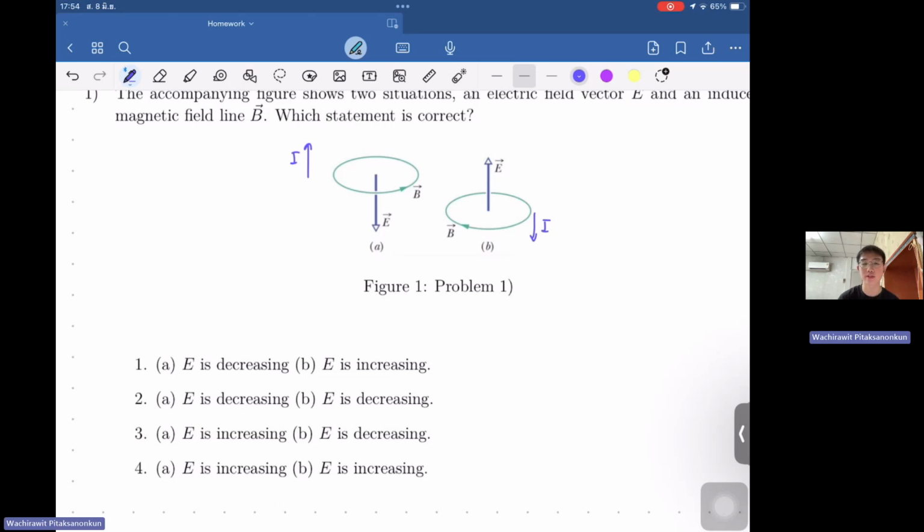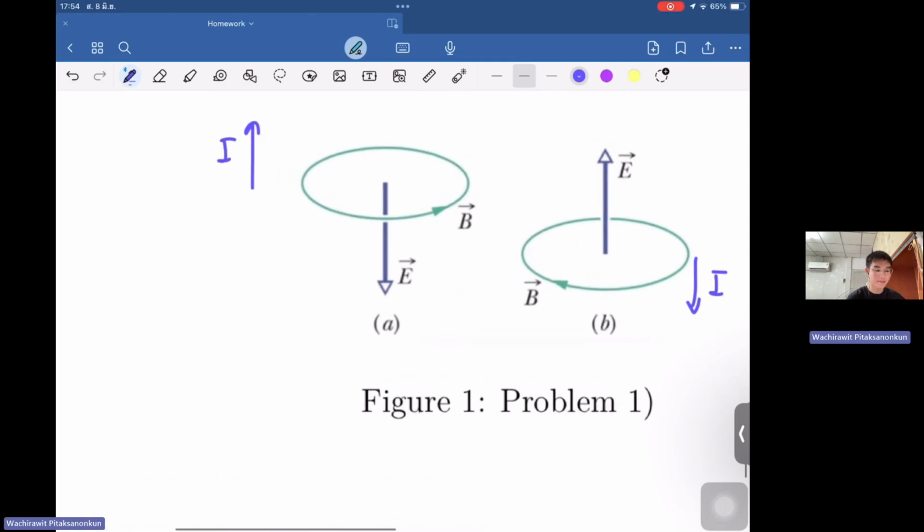What we do next? You can see that the current is quite opposite with the electric field on the first figure, right? So what happened? It means that the electric field is decreasing. Why?